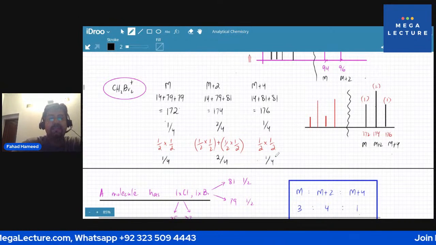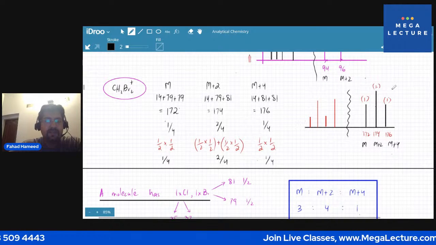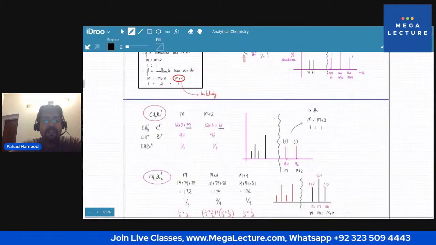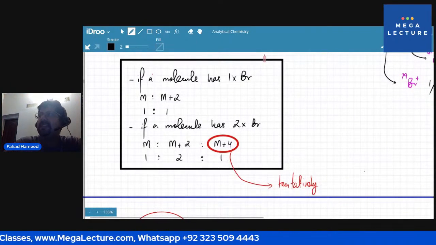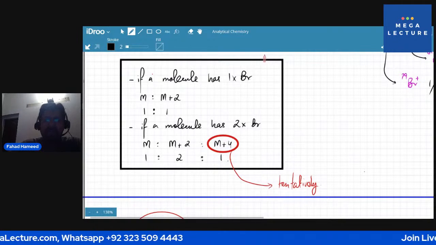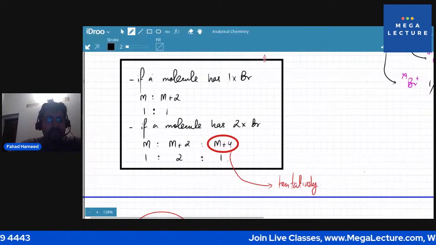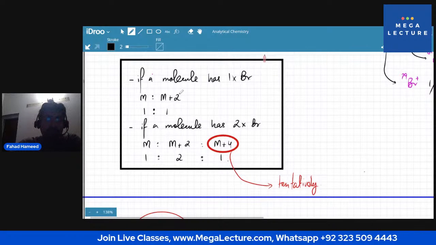Again, so the relative heights are 1:2:1. So again, 2 bromines, that is tentatively. We're doing this tentatively, so the explanation is kind of irrelevant. The probability thing is kind of irrelevant. The questions would be very simple. All you have to remember is, if a molecule has 1 Br, it's going to have an M, M plus 2 ratio of 1:1.